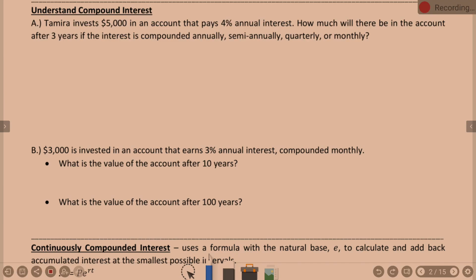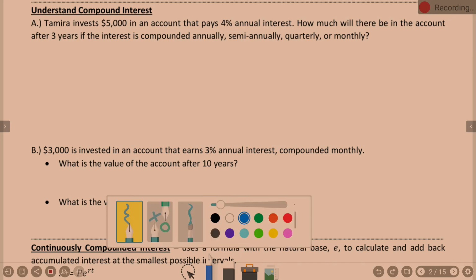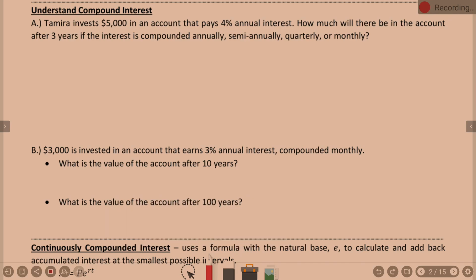Okay, guys. Let's go through, first of all, and identify. What did they tell us? What information did they give us? What she invests, $5,000. Where's that going to go in the equation? That is your P. That is your principal. What else do they tell us?